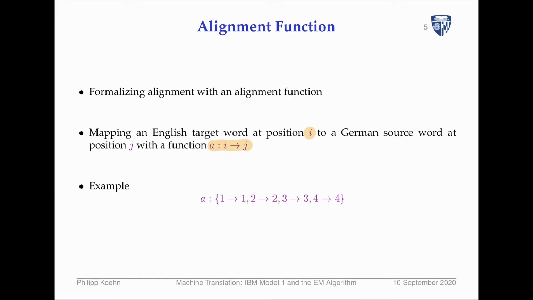We basically have to explain each English word, where it comes from. So English word position i points to a German word position j. In this case, it wouldn't really make any difference. The mappings are all just 1 to 1, 2 to 2, 3 to 3, 4 to 4.